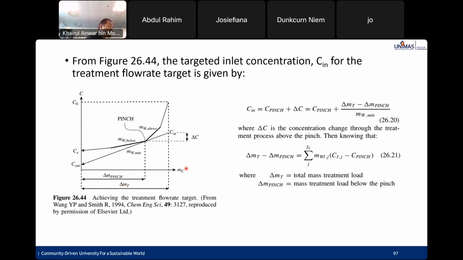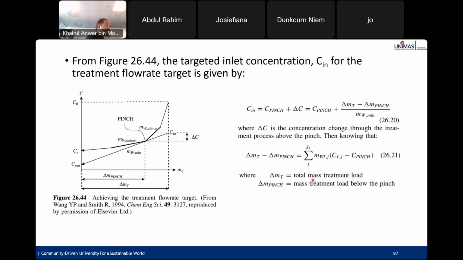So MW min here can be calculated based on 26.18, where delta C is the concentration change through the treatment process above the pinch, knowing that delta MT minus delta M pinch is equal to water flow rate group 1, concentration of group 1 minus concentration of pinch, or concentration of group 2.